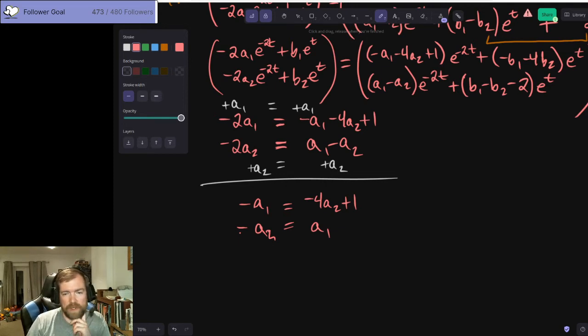So a1 and a2 are opposites, which means that we can plug it in here. So negative a1 is equal to a positive 4a1 plus 1.